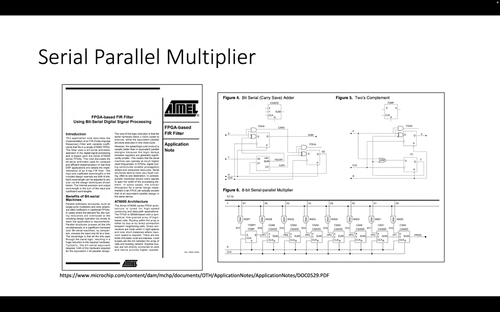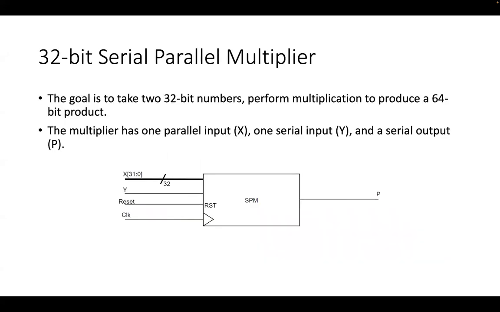for full documentation about the serial parallel multiplier and the full details of how it's implemented in terms of gate level. But for the sake of our workshop, what you need to know is that our serial parallel multiplier basically takes two 32-bit numbers, performs the multiplication, and produces a 64-bit product.